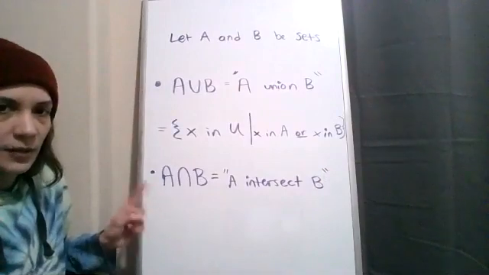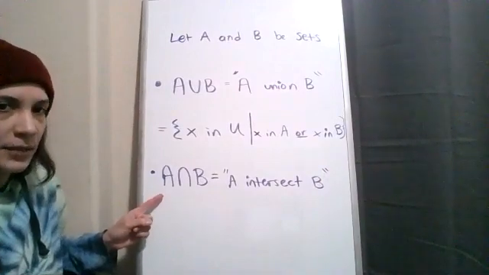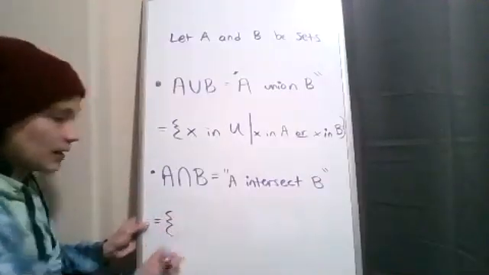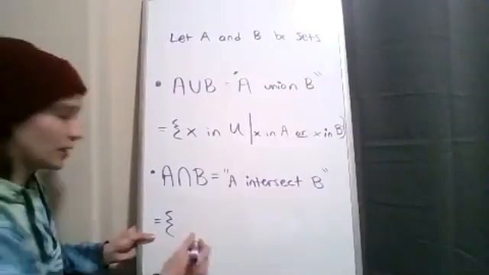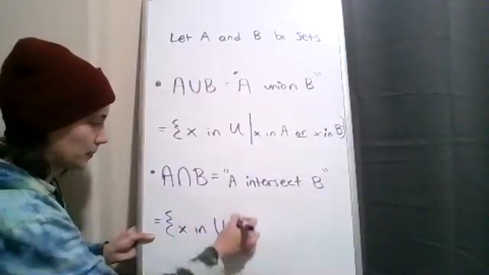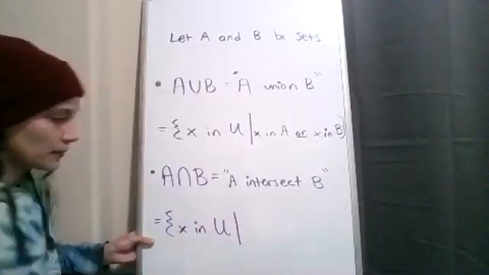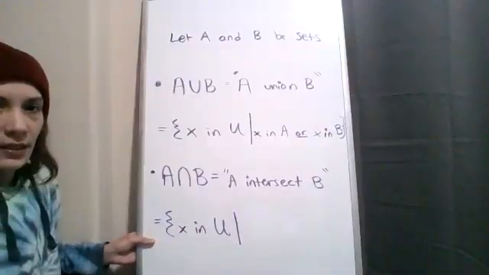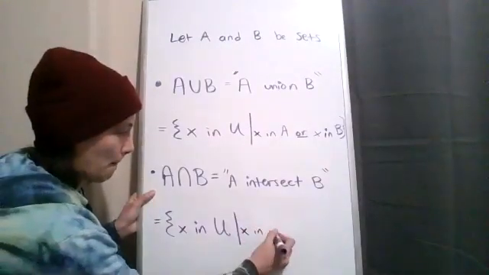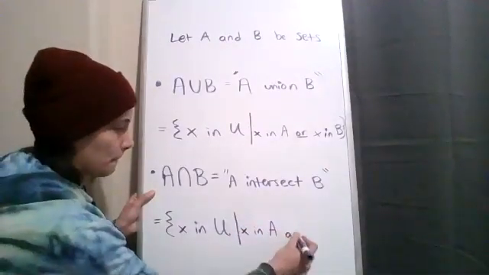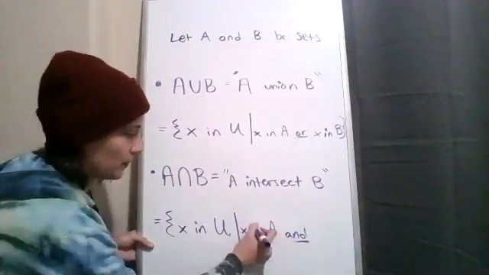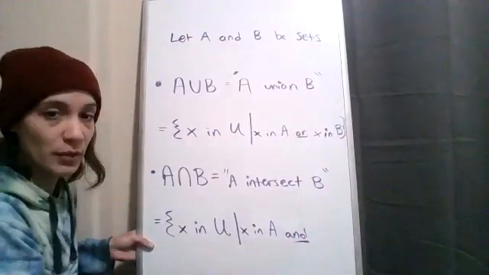So the intersection of A and B is the set of elements in A and B. So your set of x in U, lowercase x and capital U, such that x is in A and it's in B, x is in B. So it's got to be in both, or common to both sets.